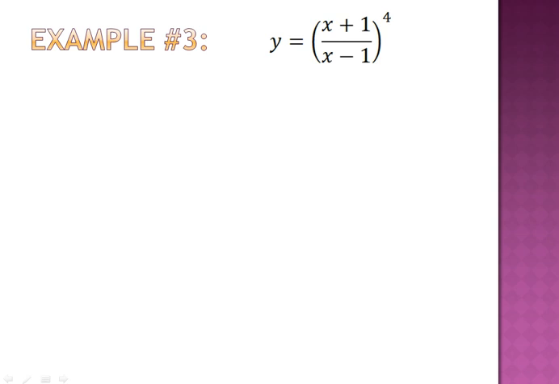In this example, we have another quotient, but we're going to leave it written as a quotient because if you can tell, not only do we have a quotient, we have a power wrapped around it. So my outside function is that power. My inside function is the quotient.